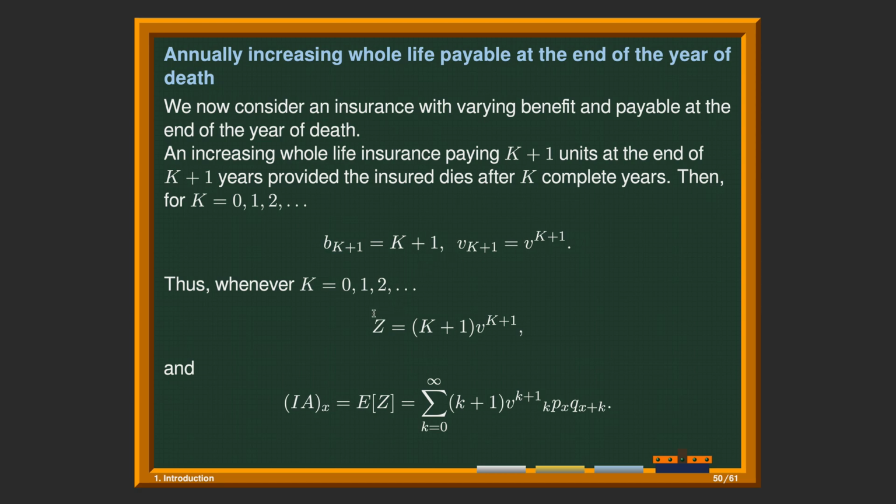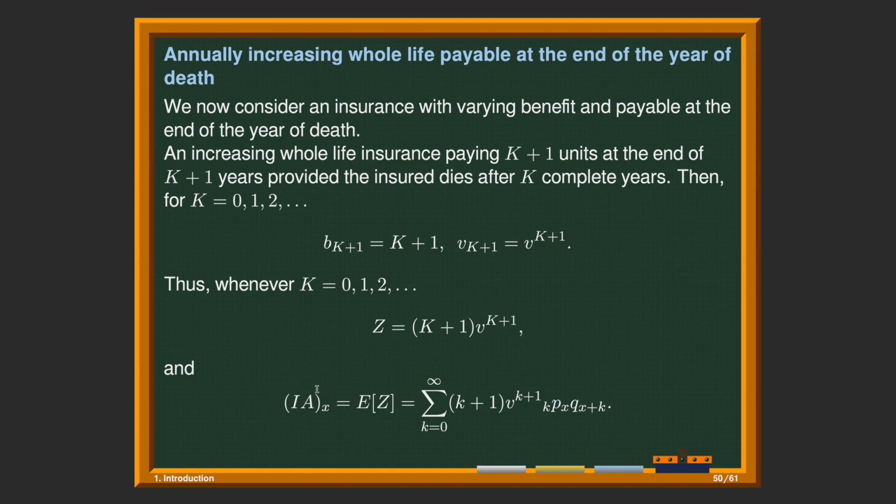And so the present value random variable z for any k, 0, 1, 2, 3, and so on, is k plus 1 times v to the k plus 1. And so the expectation is going to be this summation, right? The summation of k plus 1 times v to the k plus 1 times kpx qx plus k, where k goes from 0 to infinity. And this would be our representation for the net single premium.